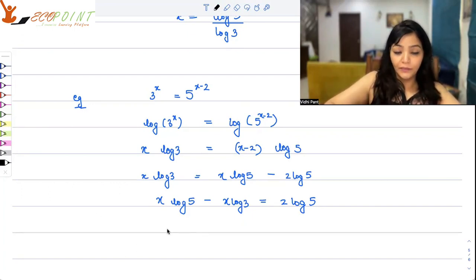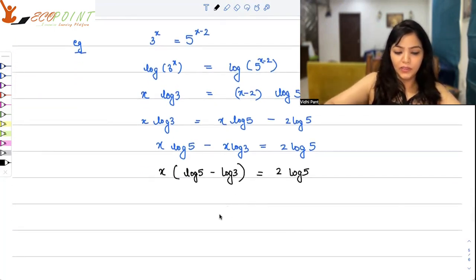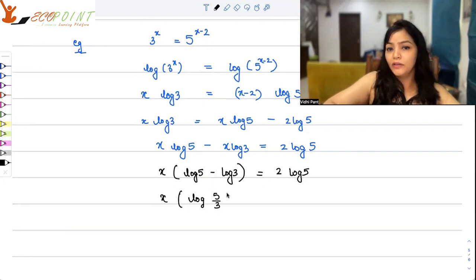So I can take x common. This becomes x (log 5 minus log 3) is equal to twice of log 5, right? In other words, what do I have here? Now, log 5 minus log 3, by the rule or law of logarithm, I can write as log of 5 upon 3, which is equal to 2 log 5 here, right?